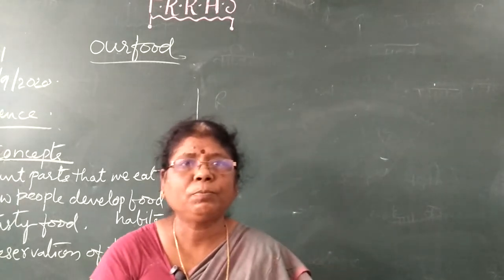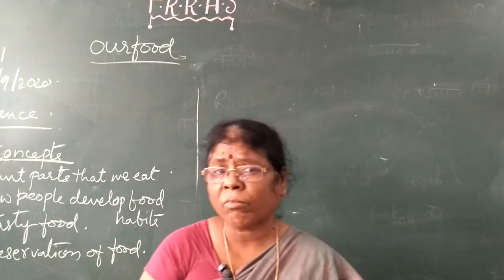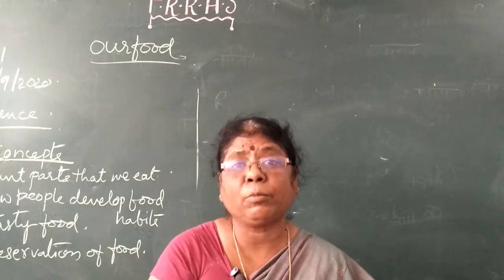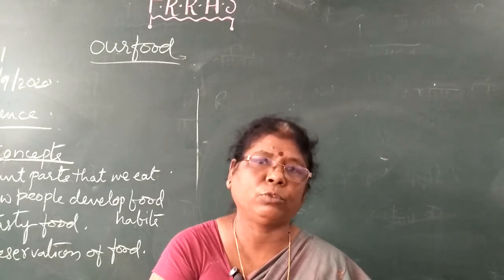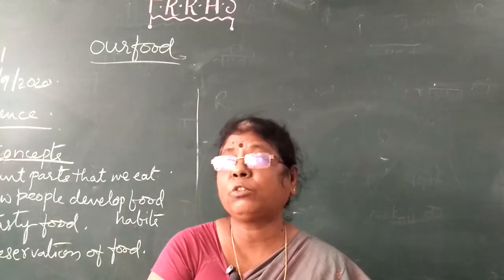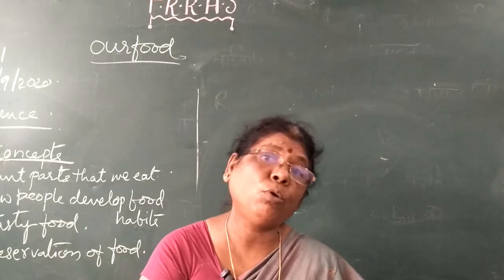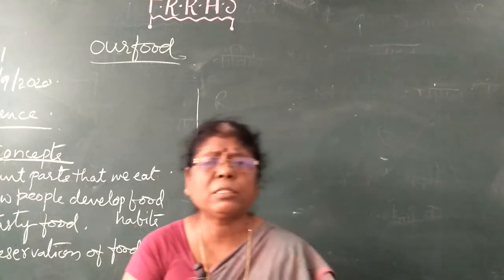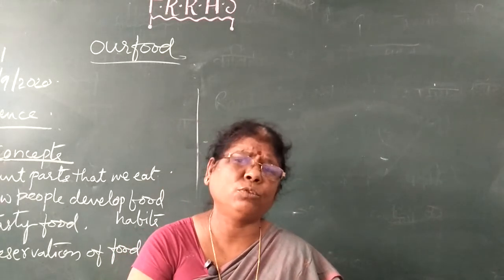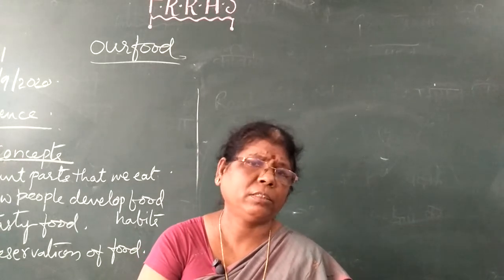Apart from this, we use the drying method, the salting method, and sugar also. In coastal areas, seafood like fishes and prawns is available more. They use the salting method: they apply salt and dry it in the sunlight.